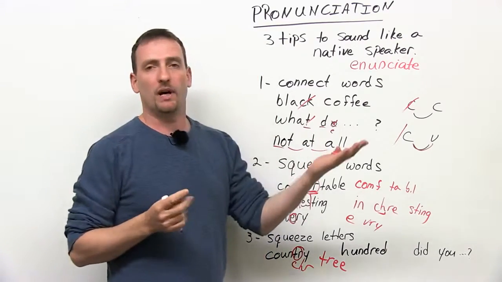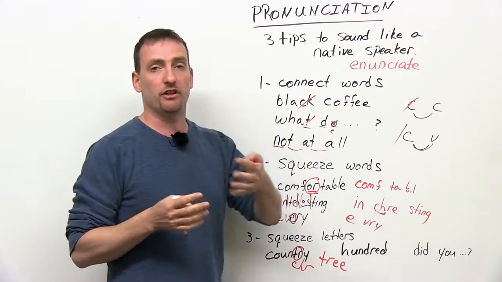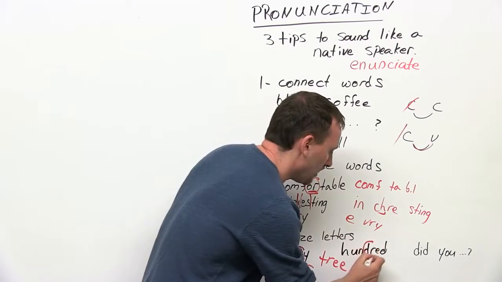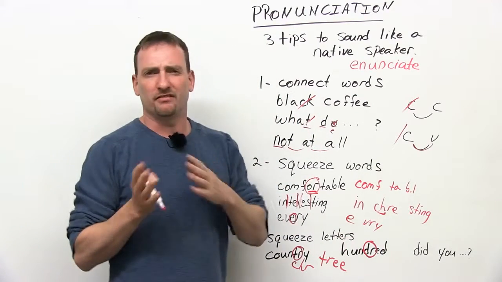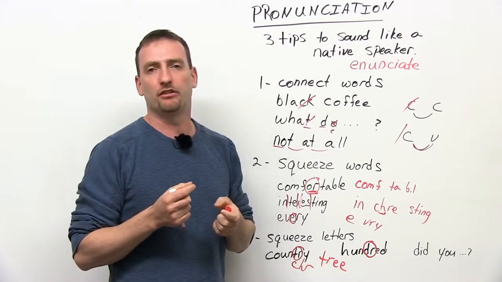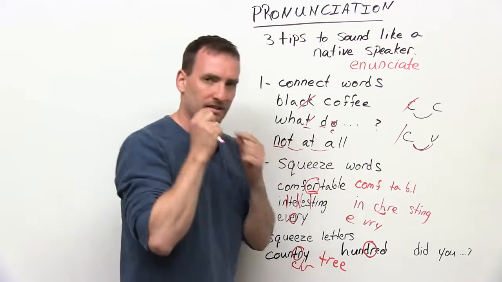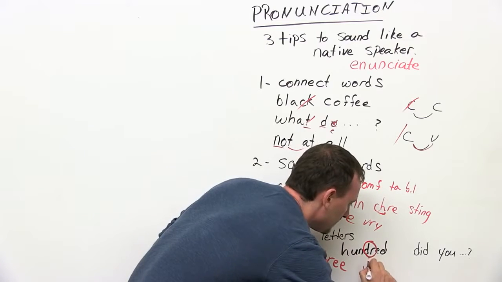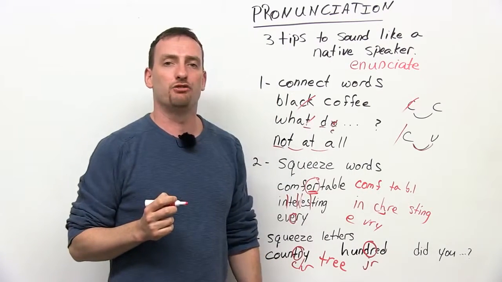Okay? If you go out with your friends, you go out for a treat. Another one is DR. DR also doesn't really sound like DR. We don't say hundred. Okay? It's too difficult for the tongue to make the quick switch. So this sounds like JR. Hundred.